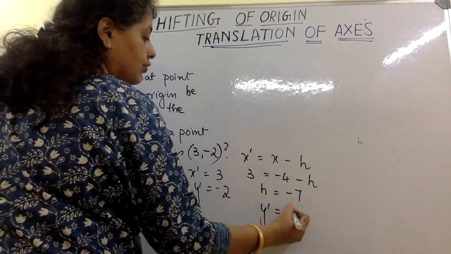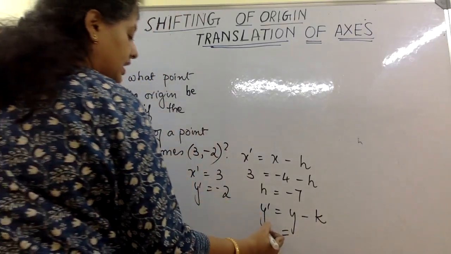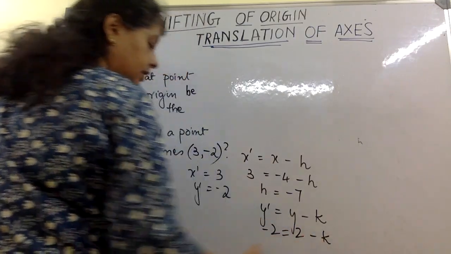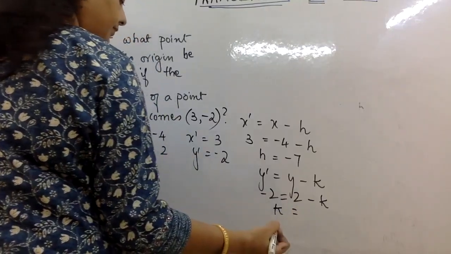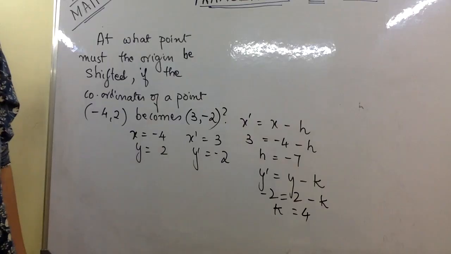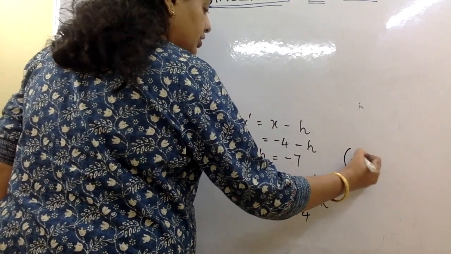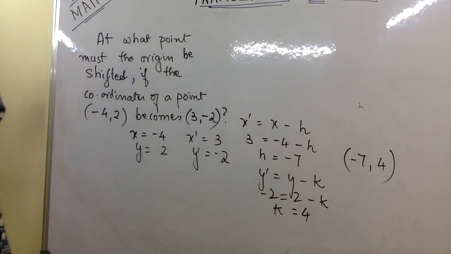Y dash is equal to y minus k, which is y dash is minus 2 and this is 2 minus k. Okay, so k is equal to 4. Okay, so the new coordinates of the origin is minus 7 and 4.